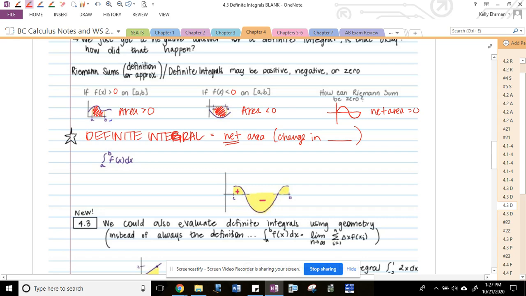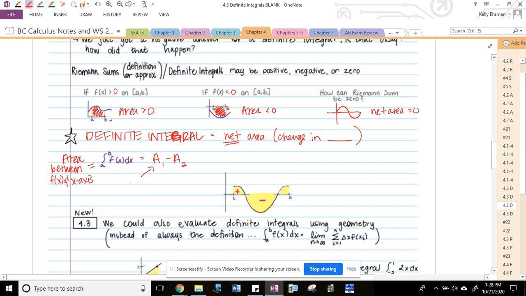Change in distance, change in population, whatever. All right, so area between f of x and the x-axis is equal to the definite integral from a to b of f of x dx. It's equal to a net area, area 1 minus area 2.